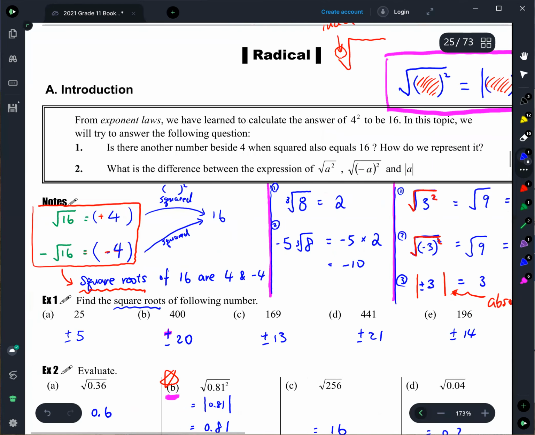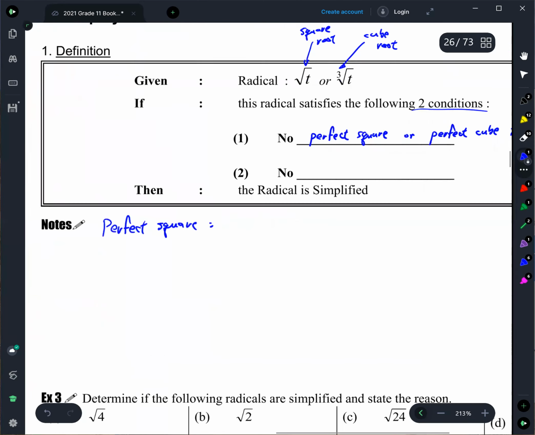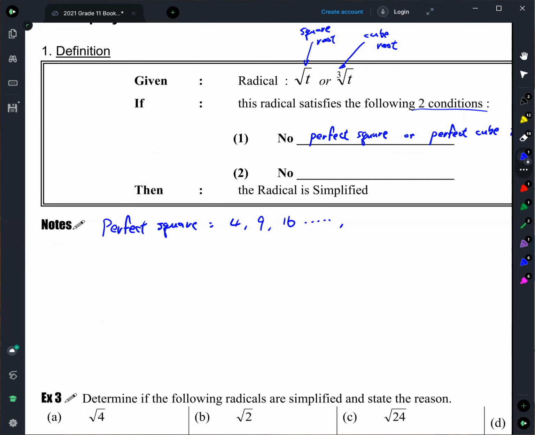For example, 16 is a perfect square because the square root of 16 is plus minus 4. It's not a decimal that goes on forever. So for example, you could have 4, 9, 16, those are all perfect squares, etc. You could also have decimals. That's a perfect square.